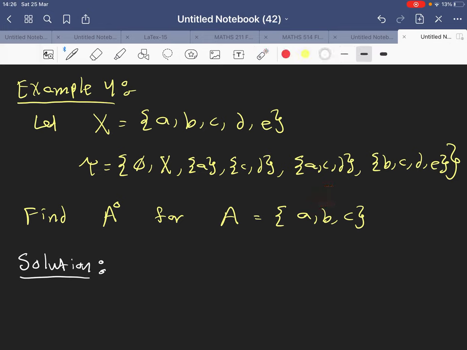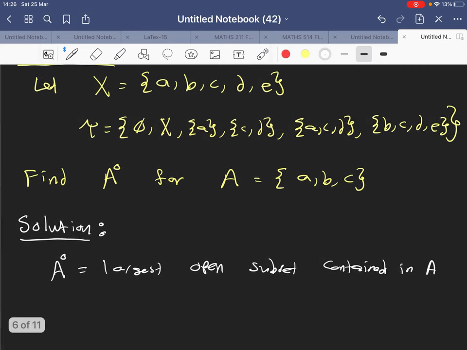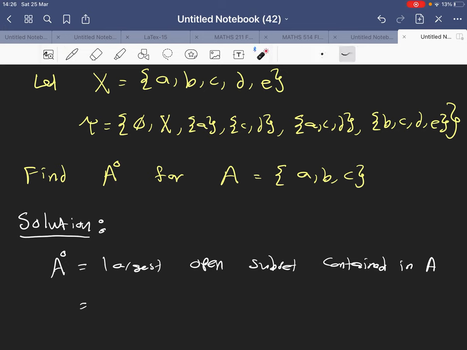And I think it's clear that {a, c, d}... is the largest open subset contained in A. And of course, if we go through them one by one, this one will be eliminated because it isn't contained in A. We have b making a problem, so this is eliminated. This is again eliminated.